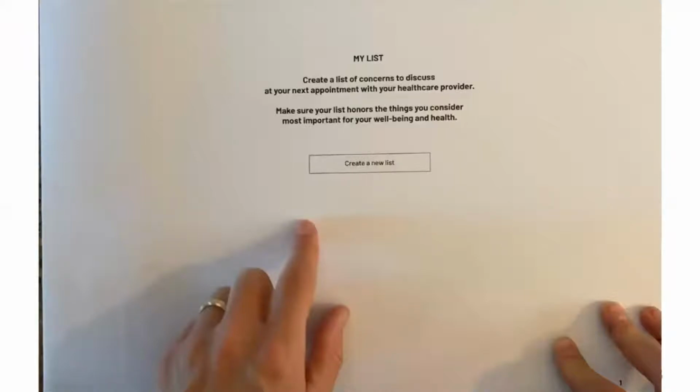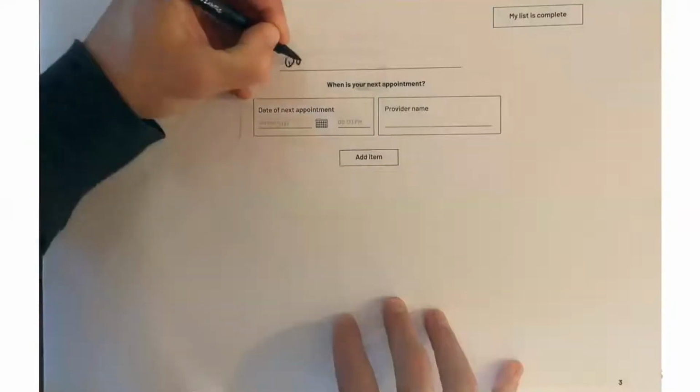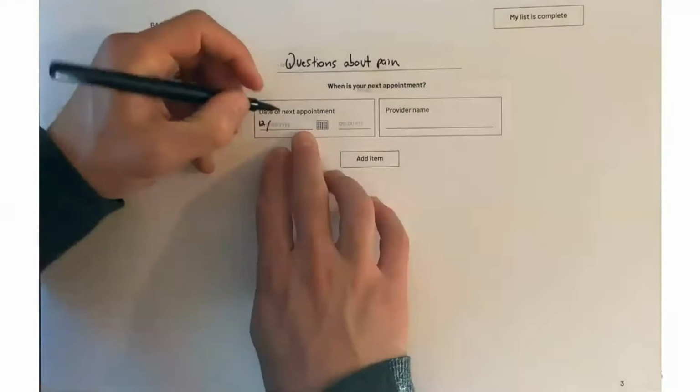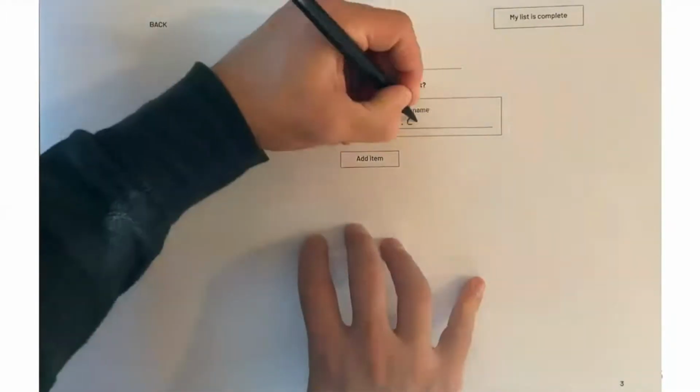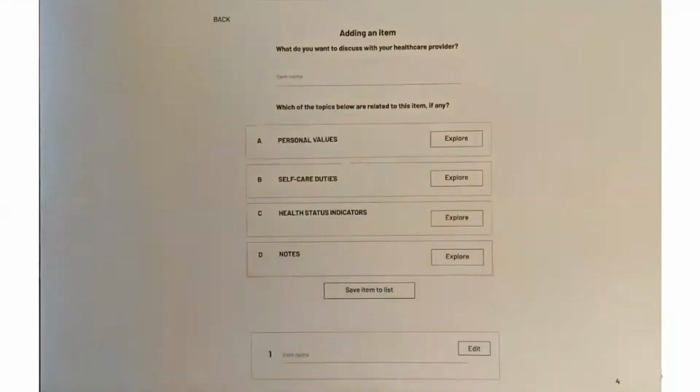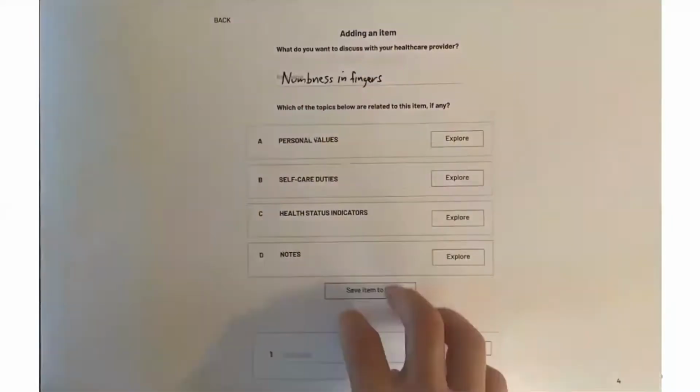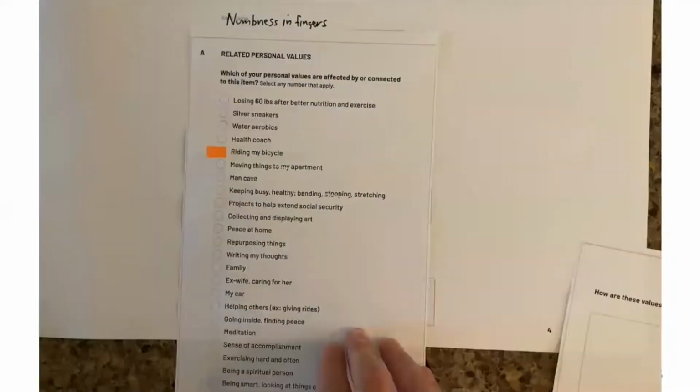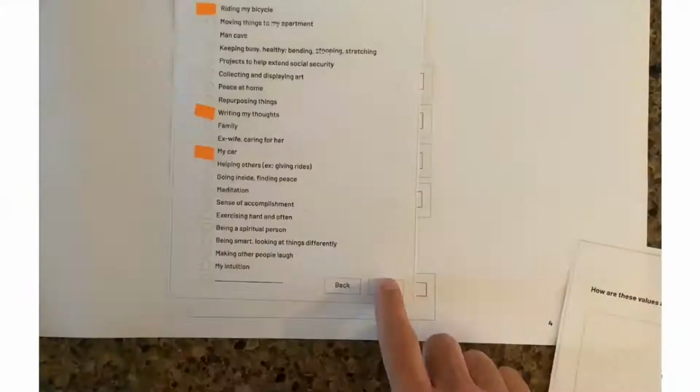After reading a short introduction to the tool, the user creates a new list, enters December 15th as the date of their next visit with Dr. Cooperative, and then they add an item, numbness in their fingers, that they want to talk to their doctor about. They select some related values and self-care duties and health status indicators.